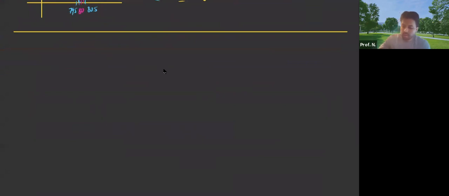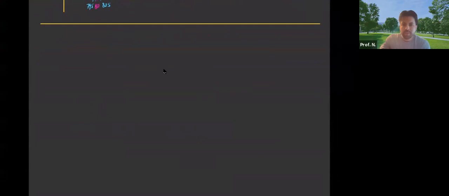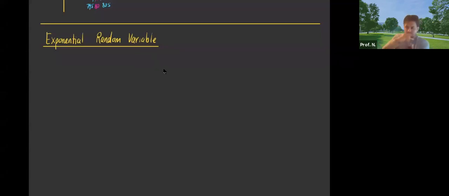But we're now going to talk about one more type of continuous random variable called the exponential. Of course, there are many other continuous ones, but these are the main ones. We talked about the uniform random variable. We talked about the normal random variable a lot. Pardon me. And now we're going to do the exponential. The exponential random variable has this probability density function.